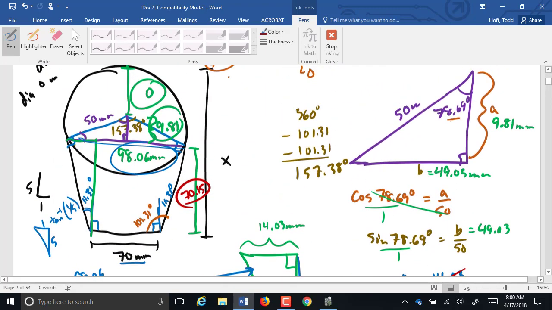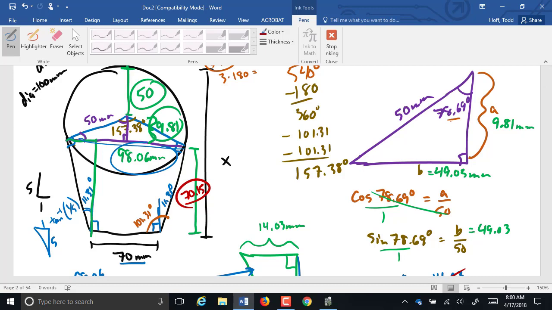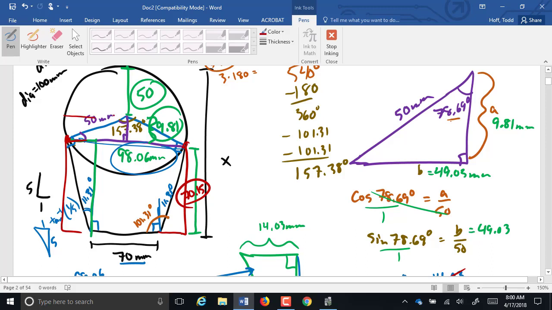How did you have it divided up? It's not 100 across there, though. This isn't the diameter. The diameter would be up here. This is going to be less than 100. That's why we got the 98.06.